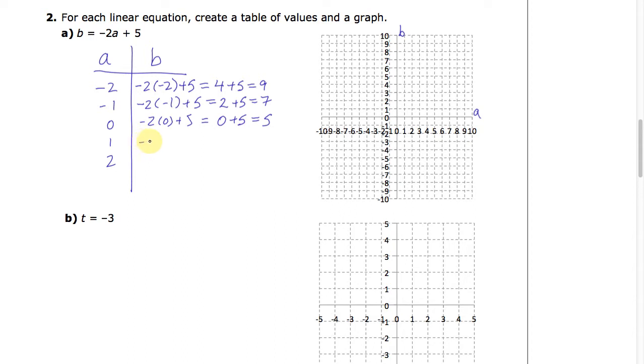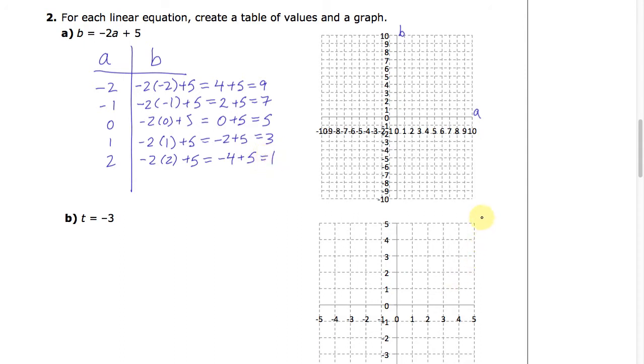And you start to see a pattern emerging here, which is that every time we're increasing a by 1, we are decreasing b by 2. So negative 4 plus 5 gives us 1.